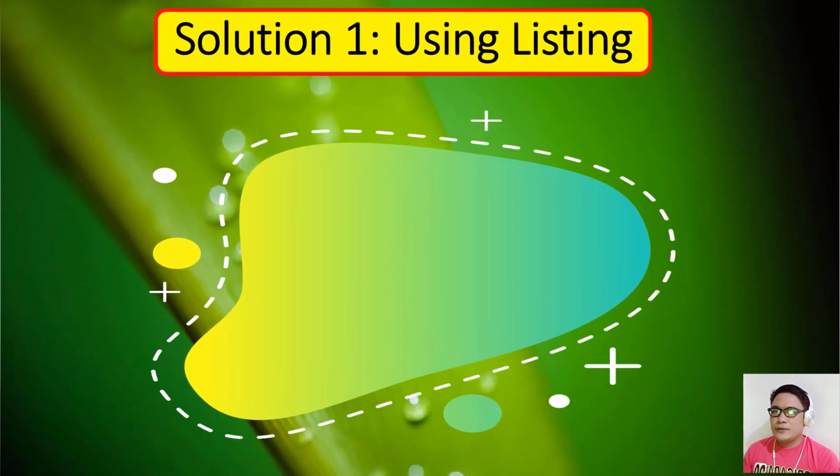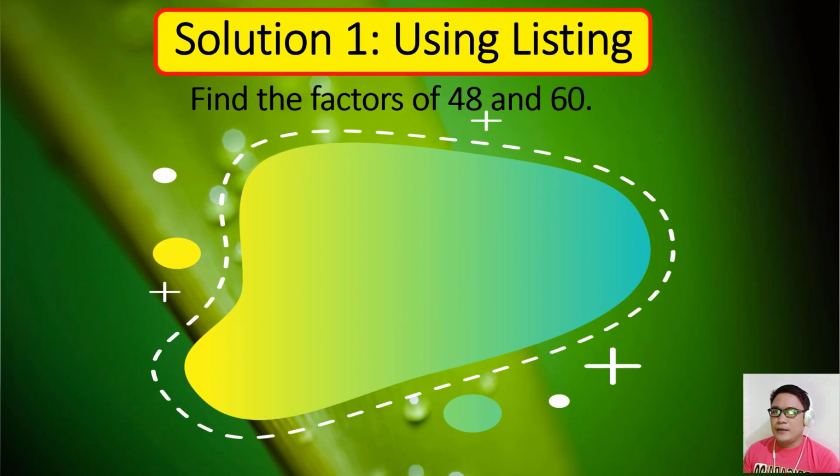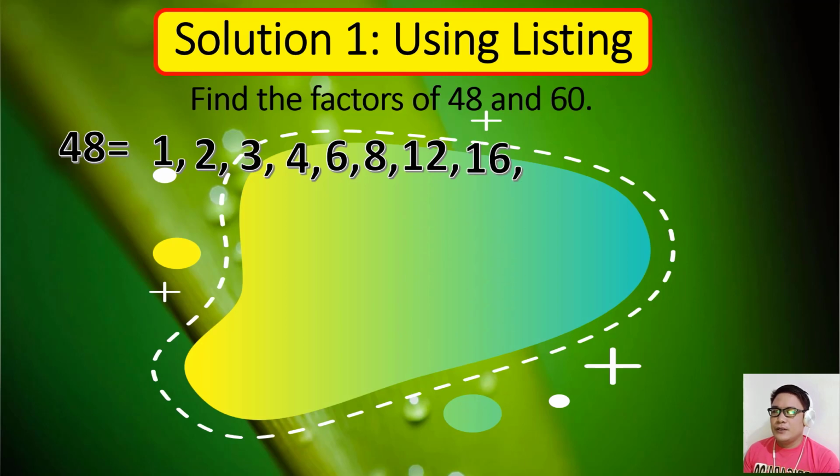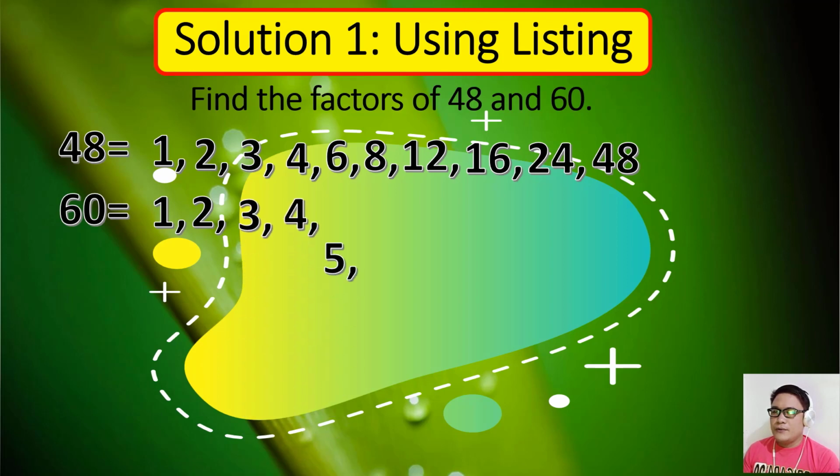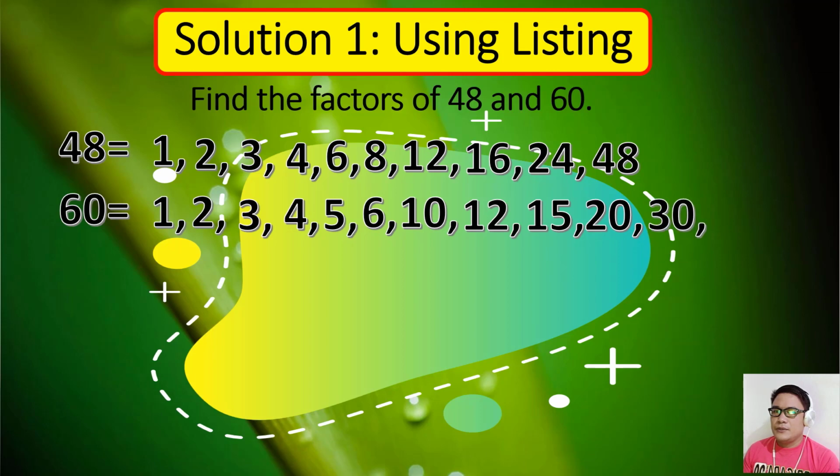Solution number 1 using listing method. First, find the factors of 48 and 60. The factors of 48 are 1, 2, 3, 4, 6, 8, 12, 16, 24, and 48. And the factors of 60 are 1, 2, 3, 4, 5, 6, 10, 12, 15, 20, 30, and 60.